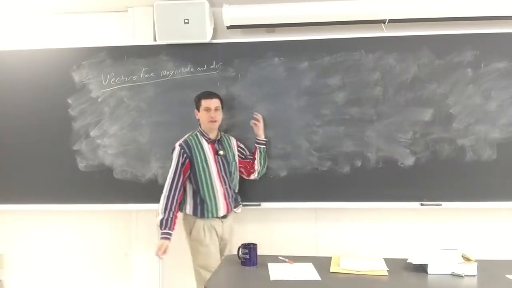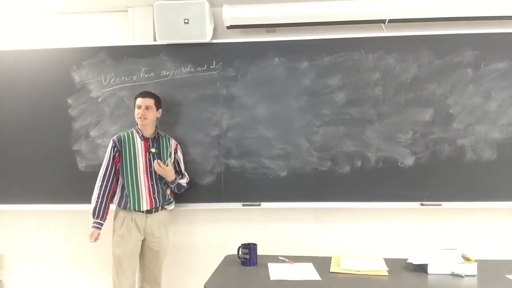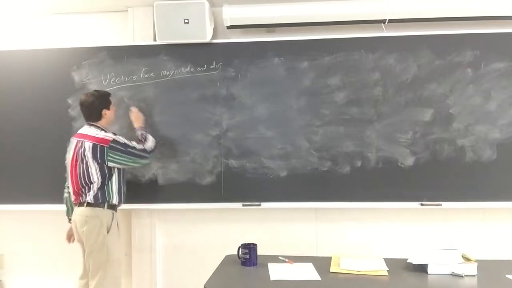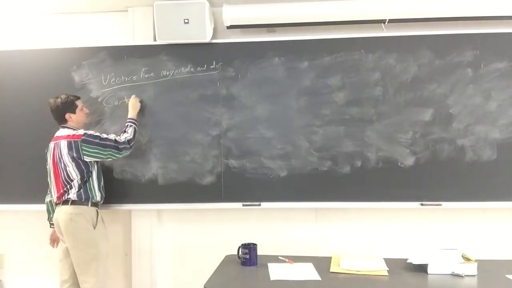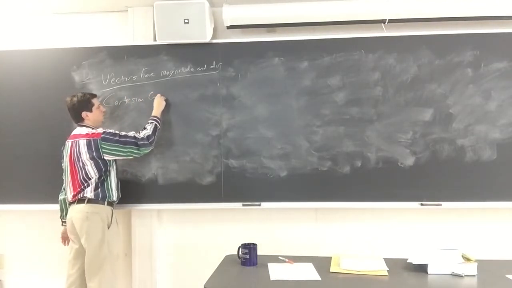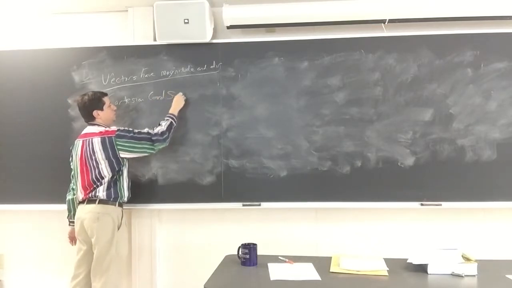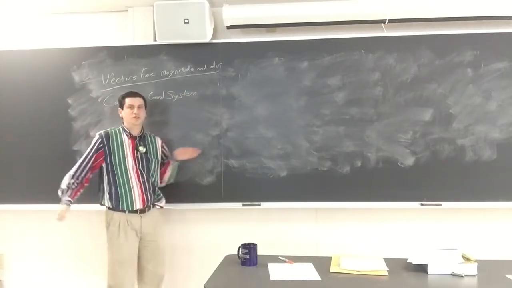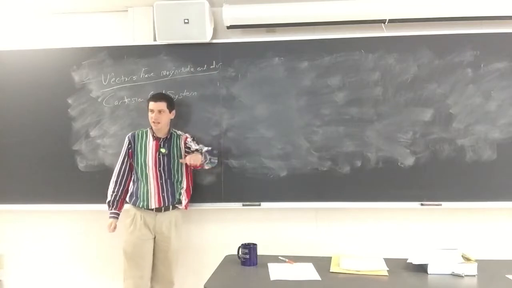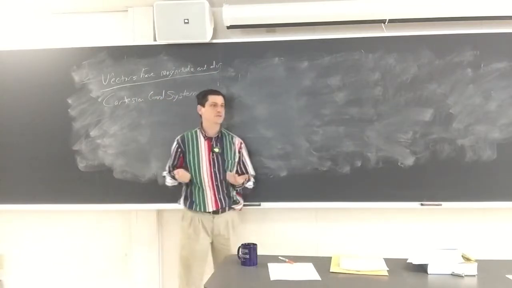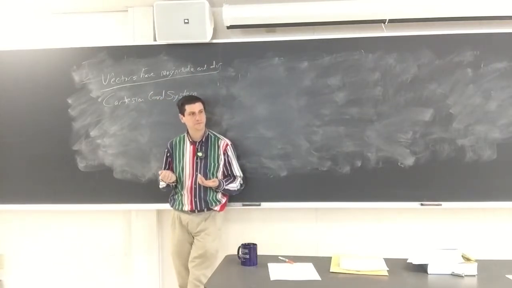So when we write down vectors, we typically write them in some coordinate system. We often use the Cartesian coordinate system. So in that case, we'll talk about the x-axis, the y-axis, the z-axis, and if we had higher dimensional spaces, we could do that as well.